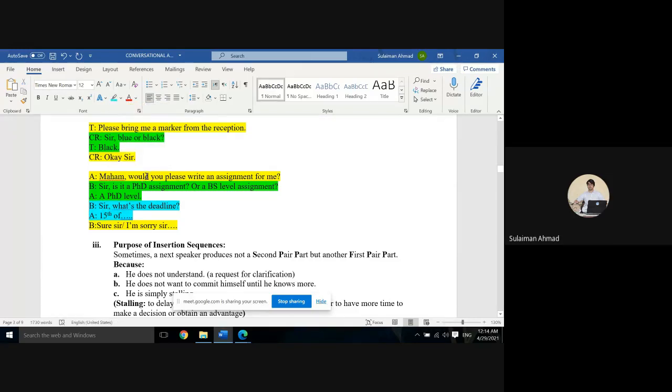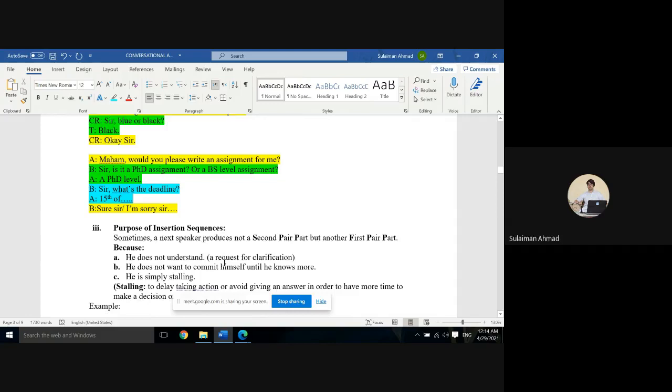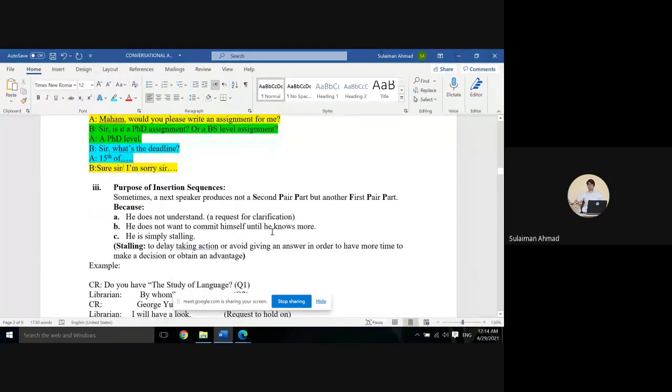So the adjacency pair is the yellow one, right? Green is insertion sequence number 1, and blue is another insertion sequence number 2. So when a speaker does not want to commit himself or herself until he or she knows more, they keep on inserting sequences, right?